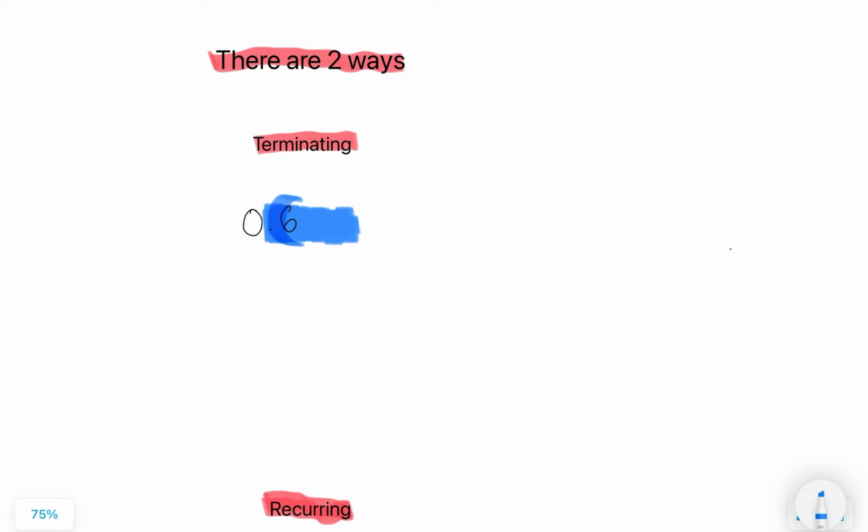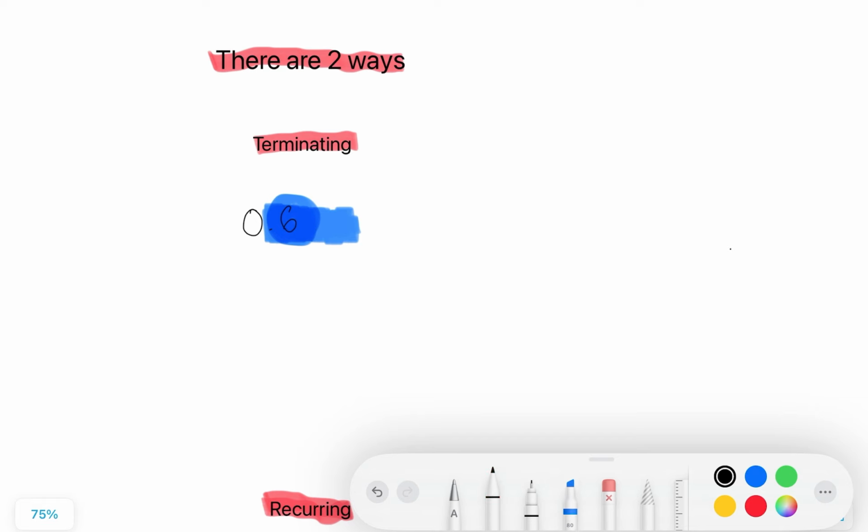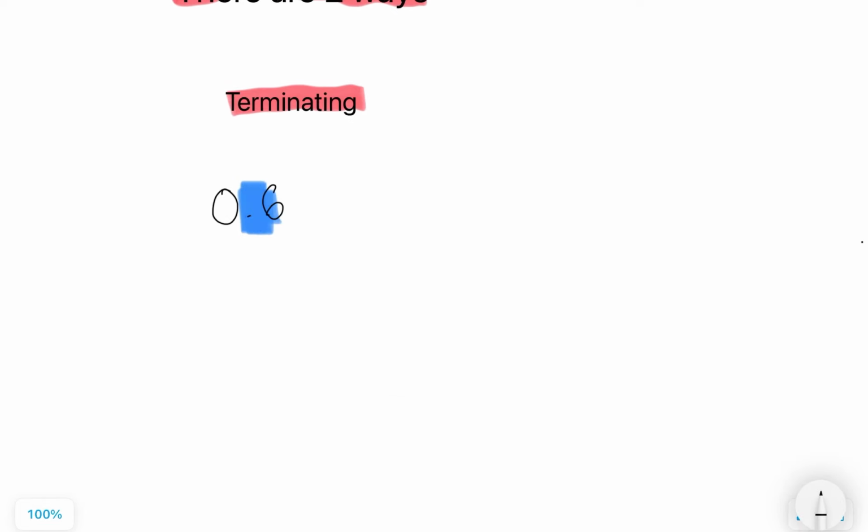Since there's only a 6, we put the 6 on the top. For the bottom, all we have to do is see how many places it is to the right. It's 1 place to the right, so we need to move the decimal point 1 place to the right in order to turn it into a whole number. So there's only going to be a 1 and a 0, so just 10.